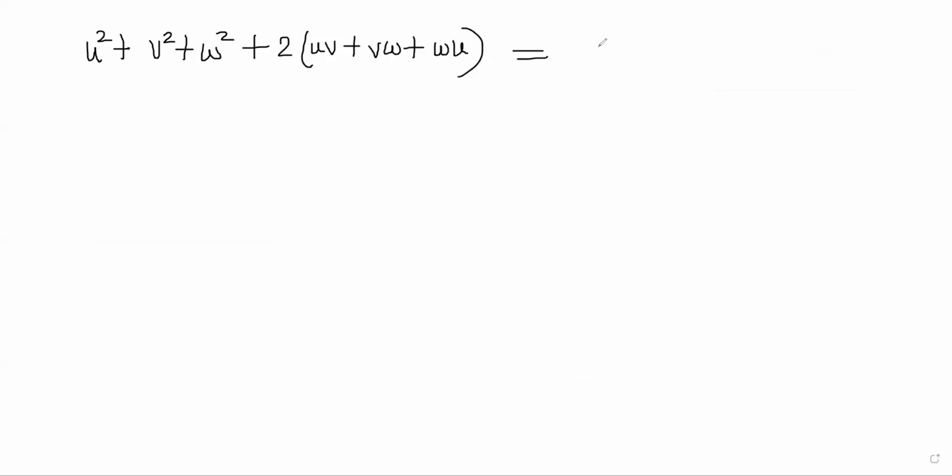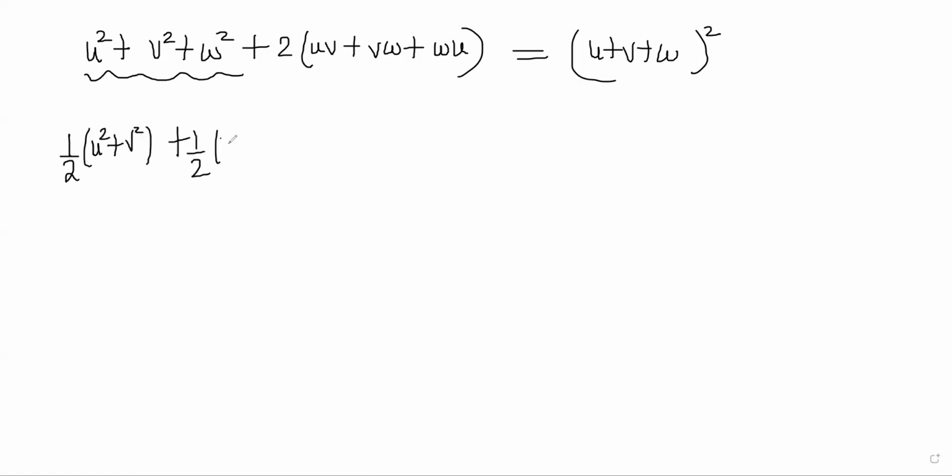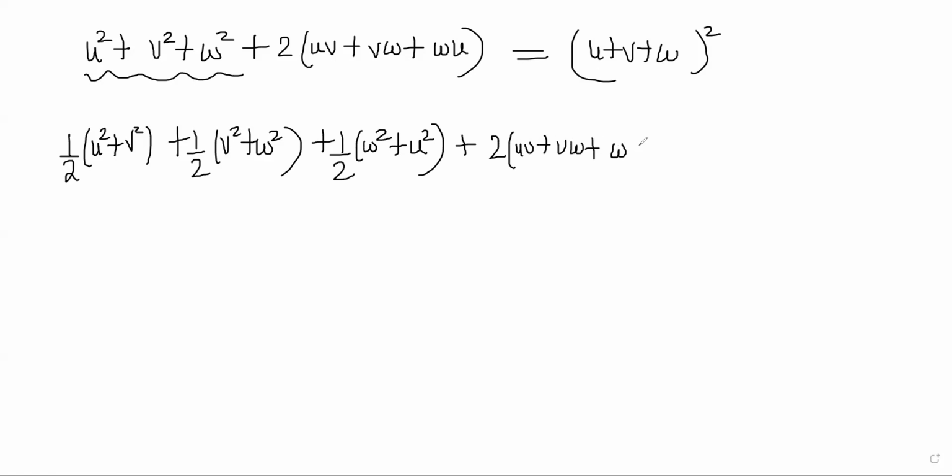That was our (U plus V plus W) whole square, right? And if I simplify this, I can say this can be written as half of (U square plus V square) plus half of (V square plus W square) plus half of (W square plus U square), right? Plus twice of (UV plus VW plus WU).